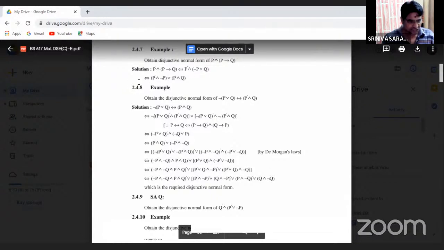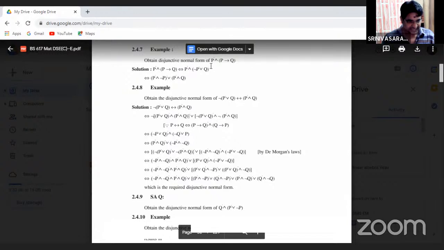Now the solution: P and (P to Q) if and only if P and (negation P or Q). This expression is the equivalence of P and (P to Q), that is, P and (negation P or Q). This is the first point.